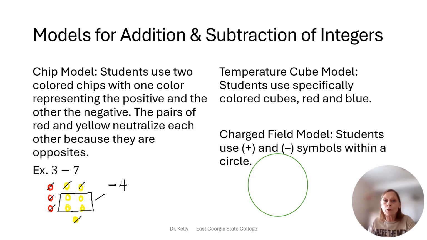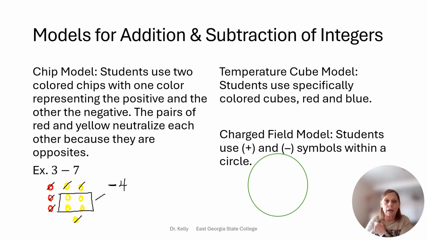Okay, so temperature cube models, typically we use red and blue, red for positives, blue for negatives, you know, red for boiling water, blue for freezing water. And then doing a charged field here, we would use the pluses and minuses.